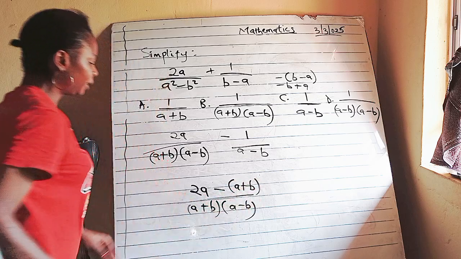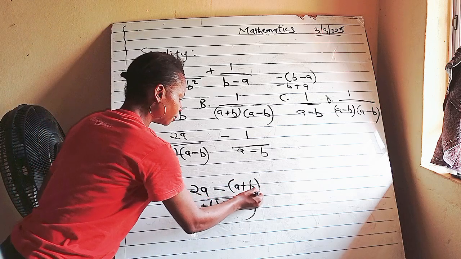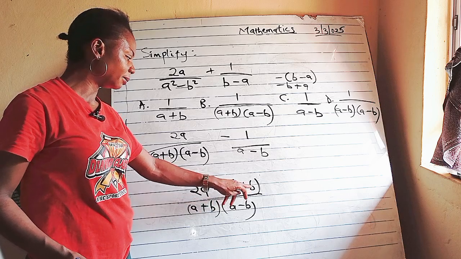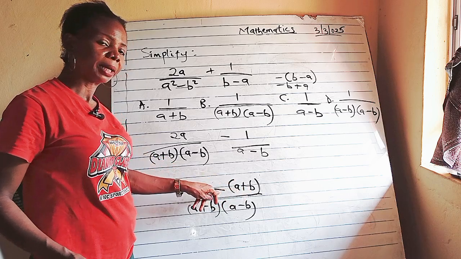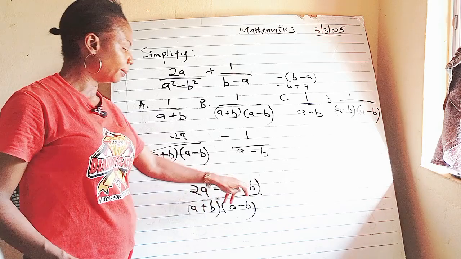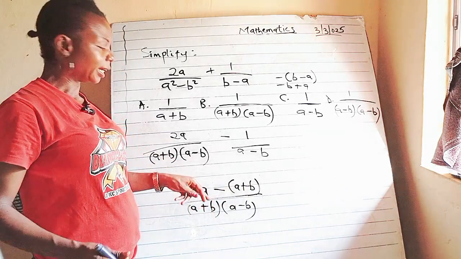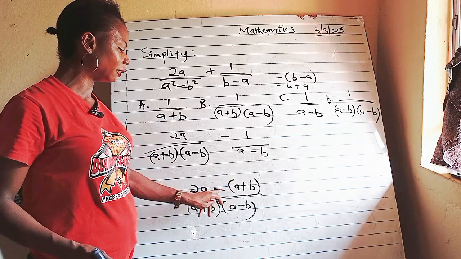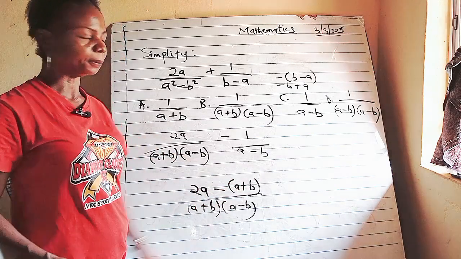Mind you, put it inside the bracket, because these two terms are going to be multiplied by a negative sign. If you don't put them in brackets, you'll end up wrong, having minus a plus b instead of minus a minus b.